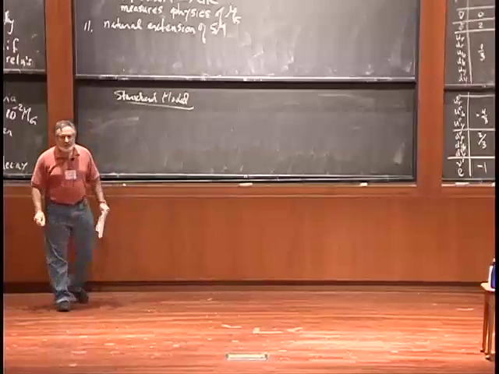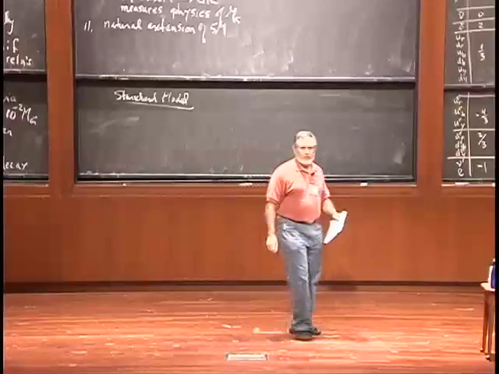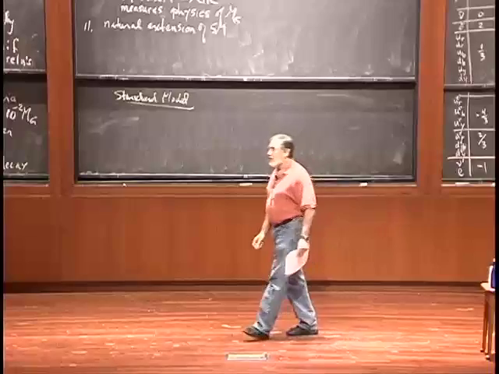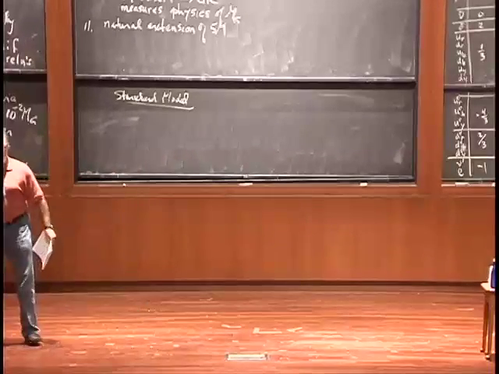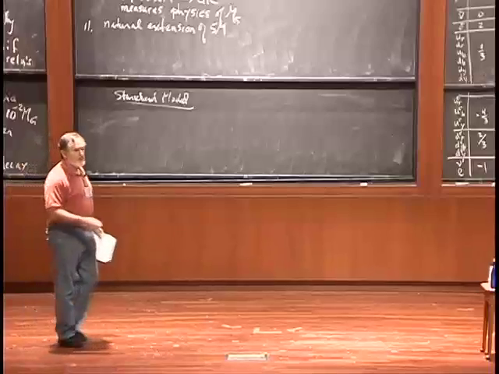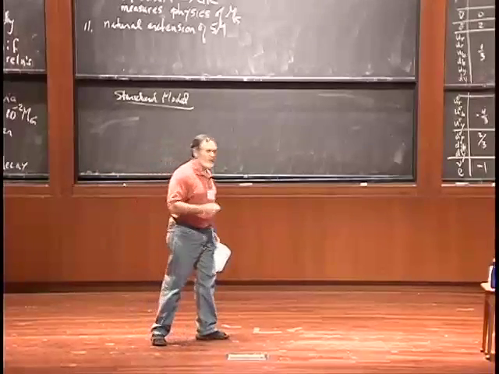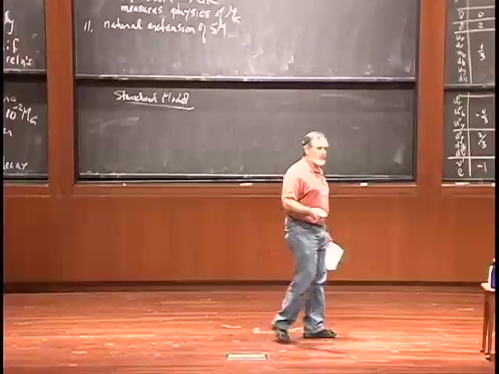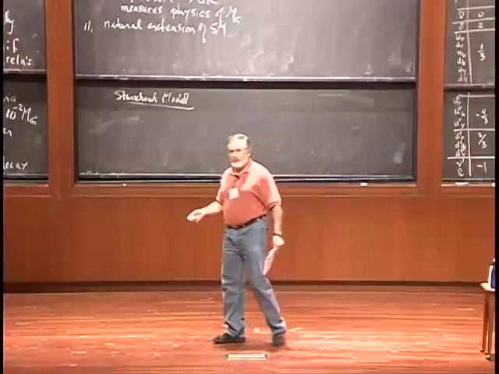The standard model is defined by its gauge interactions and the particle content. Okay? It's an amazing feature of known physics that all interactions can be thought of as being local due to local symmetries. The SU(3), SU(2) cross U(1) symmetries are local symmetries. General relativity can be thought of as local Poincare invariance.